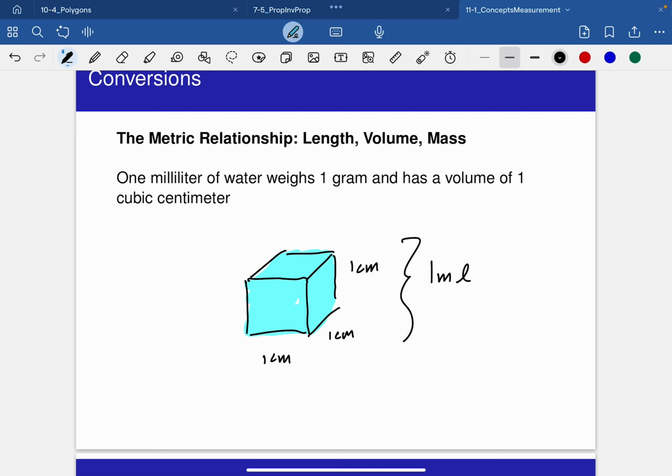And it weighs 1 gram. So this relates weight, or I guess we call it mass, volume, and capacity.